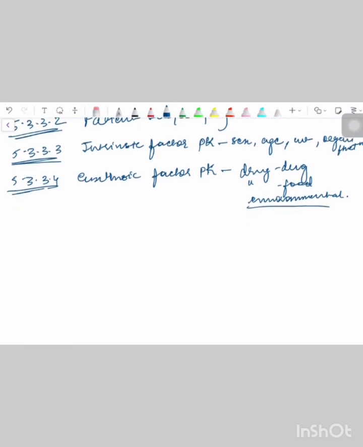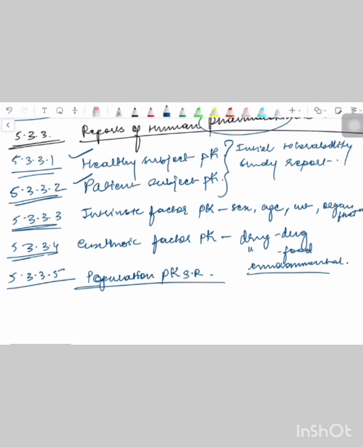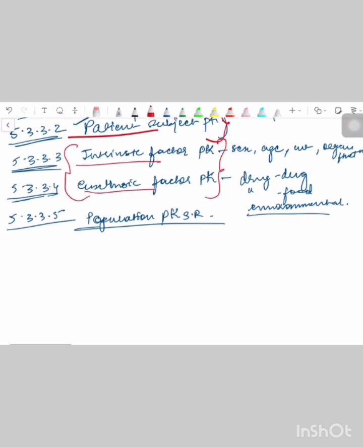So this is pretty much it. Lastly comes 5.3.5, that is population PK study reports. So this is pretty much about reports of human pharmacokinetic studies: healthy and patient subject PK and initial tolerability study report, intrinsic and extrinsic factor PK, and population PK study report.